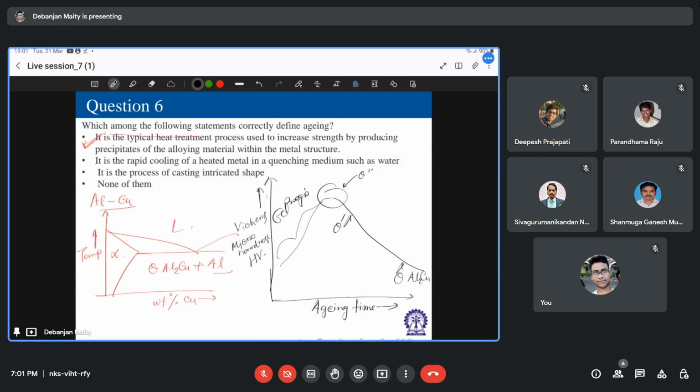Whenever these theta dash precipitates grow in size and increase in amount, this is called overaged solution.